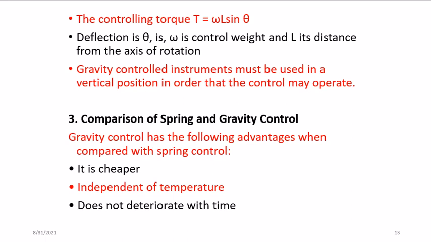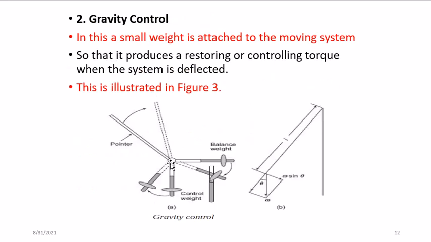If you are using a weight, T is equal to omega L sine theta, where theta is the angle of deflection, omega stands for the weight we attach to the moving part, and L is the distance from the axis of rotation, that is from the point at which the weight is attached. If we go back to this diagram, it means the distance from where the weight is attached to the point of rotation.